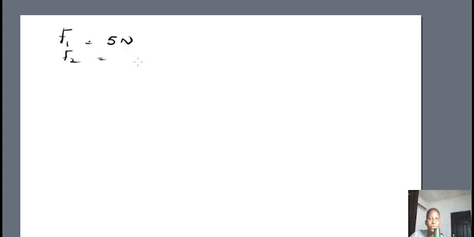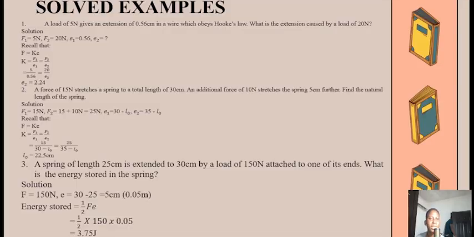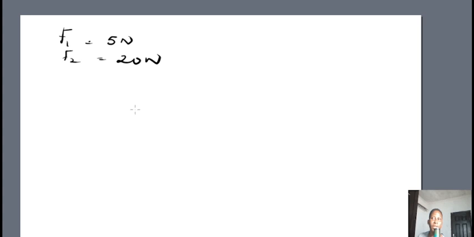Our F2 was 20 Newton. What else were we given? Our extension. The first extension, which is our E1, was equal to 0.56 centimeter. So we have 3 things.